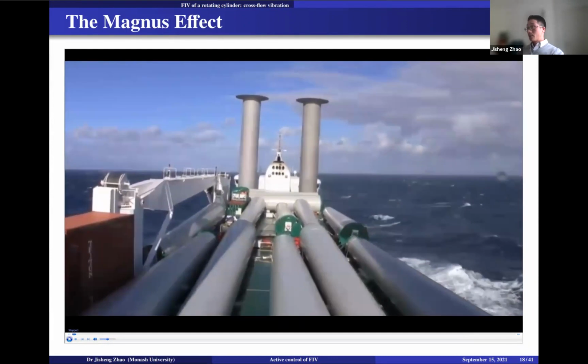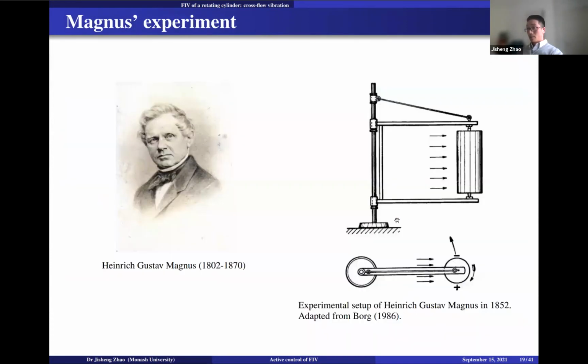Okay, so that's some background about the Magnus Effect. It is named after Magnus, who observed this phenomenon in 1852 in a simple experiment. Not a wind tunnel, it's a blow fan, and there's a spinning cylinder, and you saw that the cylinder tended to go to one side.